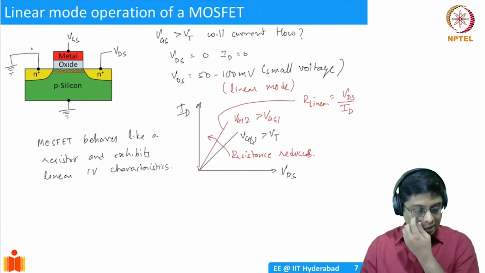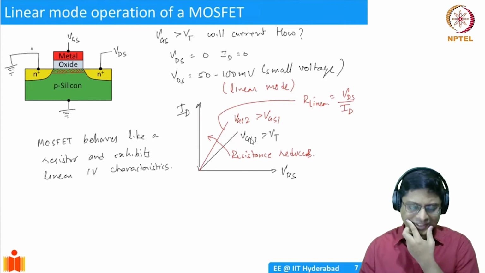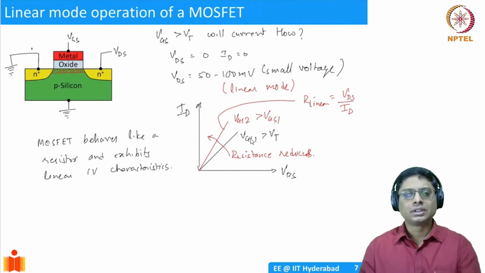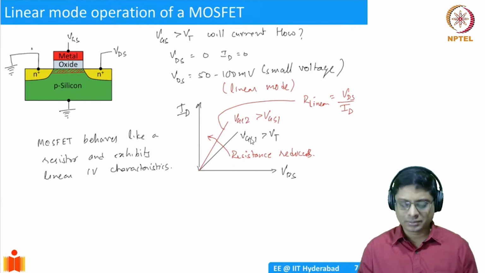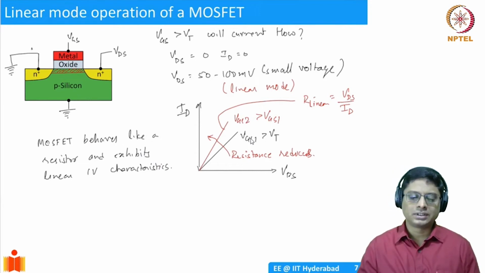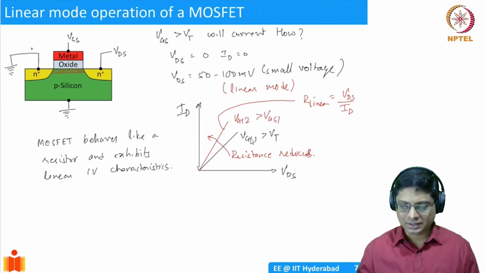Okay. So you can call it some resistance R linear. I will derive an expression for this in the next lecture, but right now I want you to understand the operation in an intuitive way.